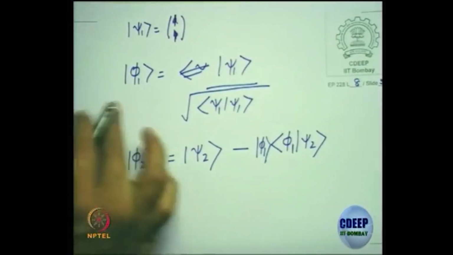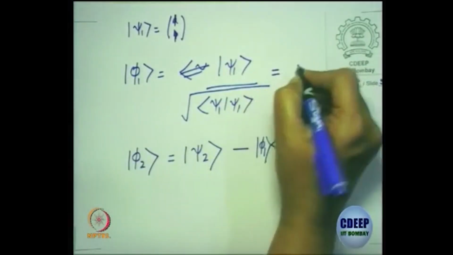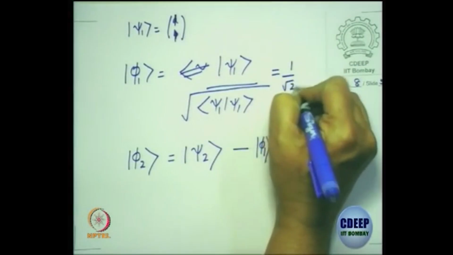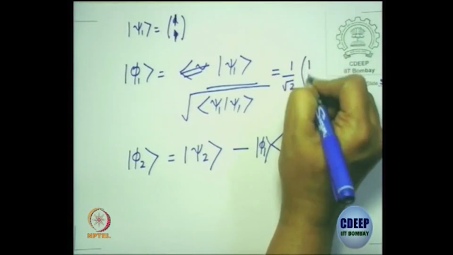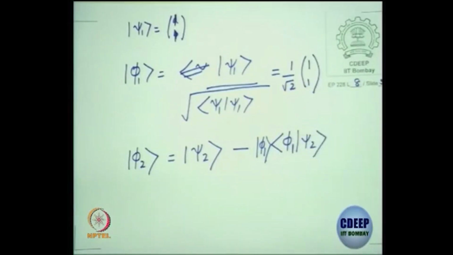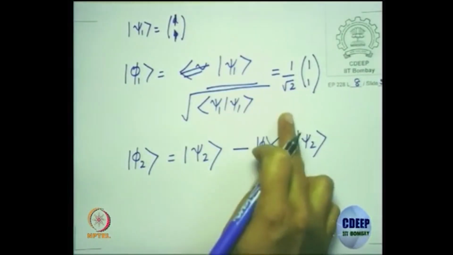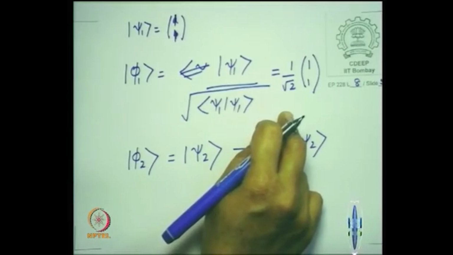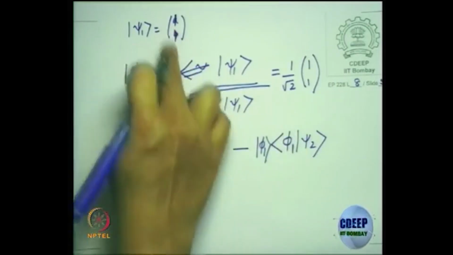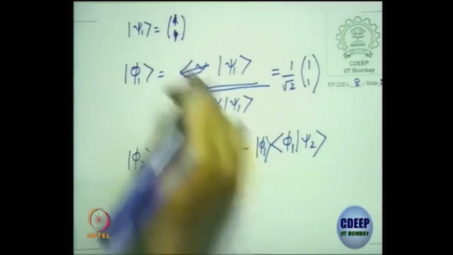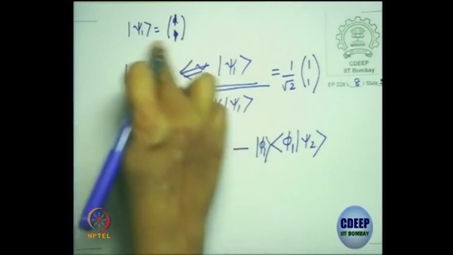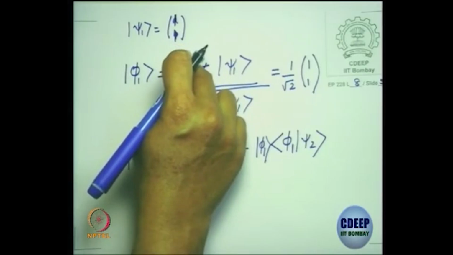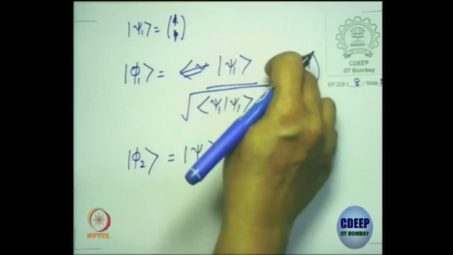So, then phi 1 will be what? Is that right? There will be a 1 by root 2 because of the norm. Clear? This is a representation and we use this to find this.